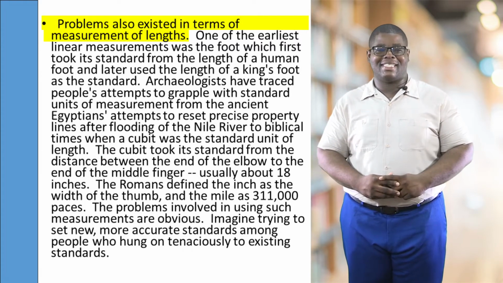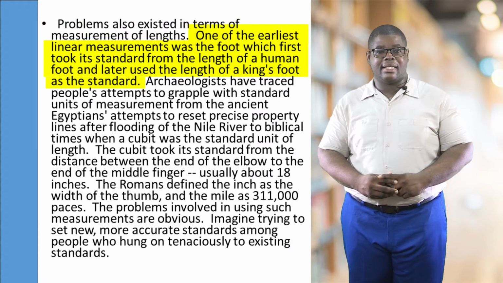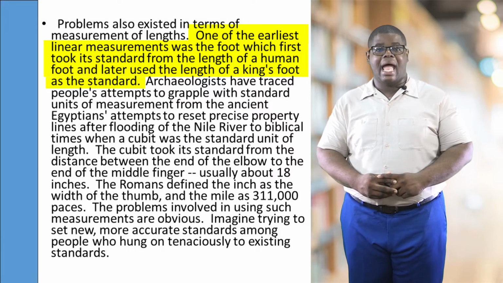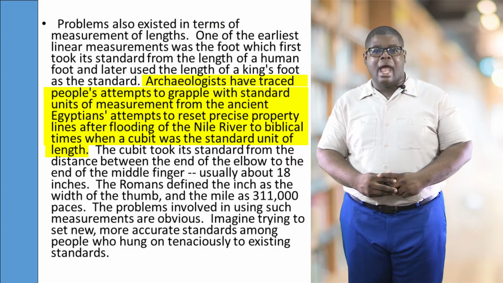Problems also existed in terms of measurements of lengths. One of the earliest linear measurements was the foot, which first took its standard from the length of a human foot and later used the length of a king's foot as the standard.